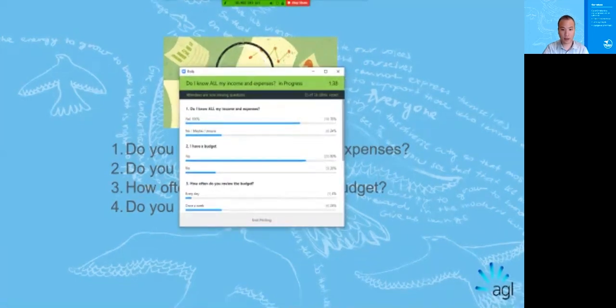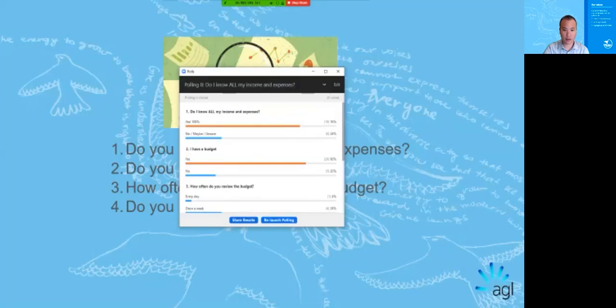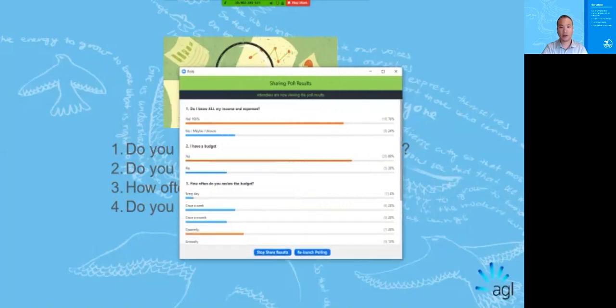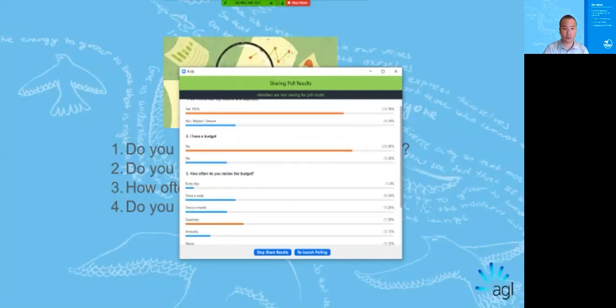Okay, let's end the poll and look at the results. Okay, a 75-25 split between those of us who know our income and expenses and those who are maybe unsure. Budget, well done. A lot of you have a budget, but how often do you review your budget?